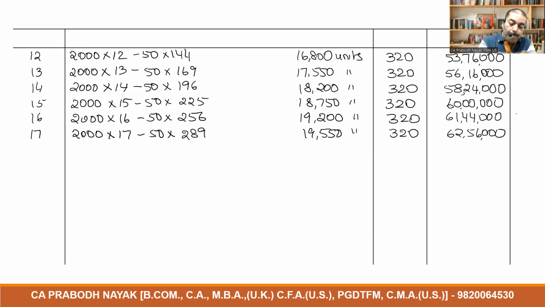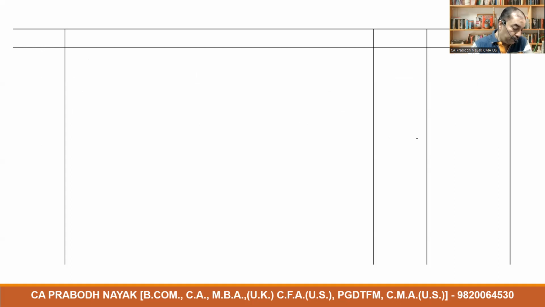Month number 18. 2,000 into 18 minus 50 into 324. 19,800 into 320. 63 lakh 36,000.